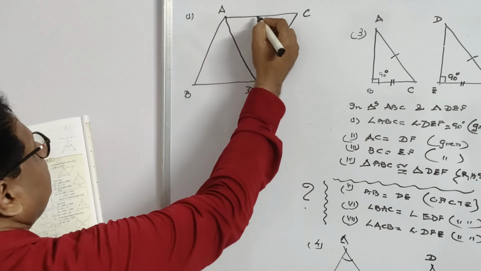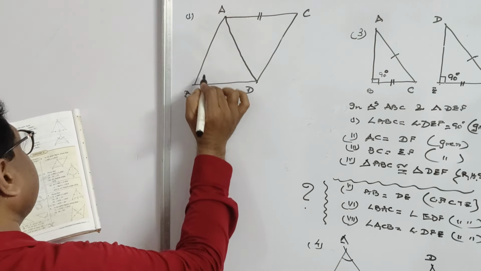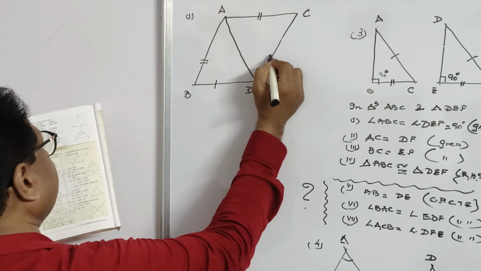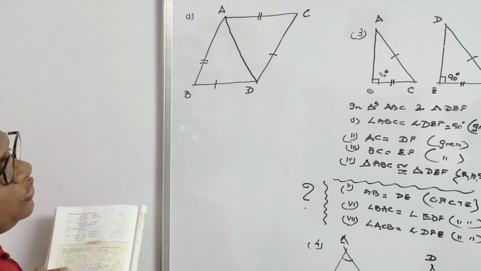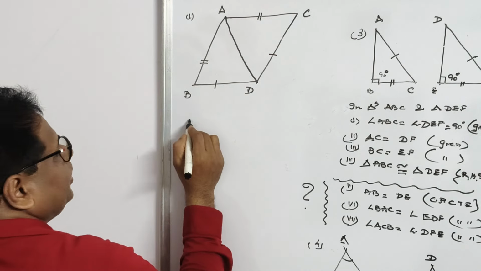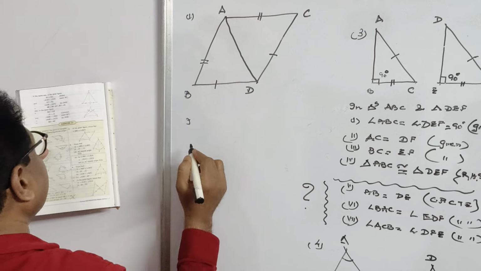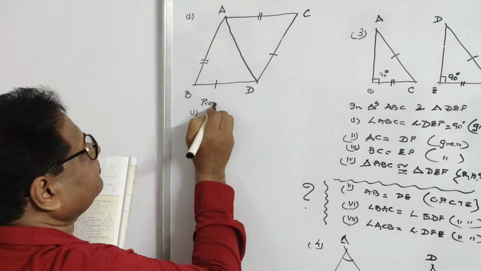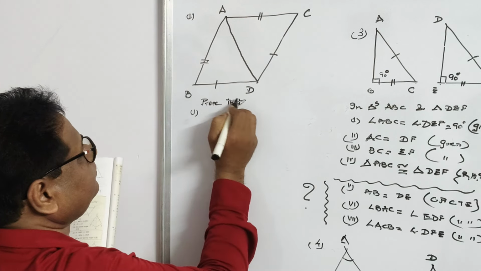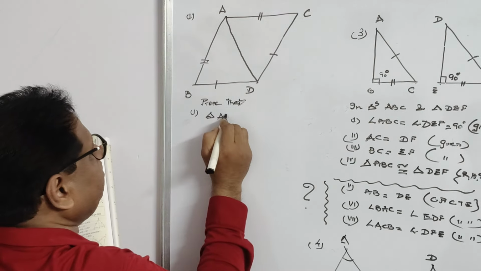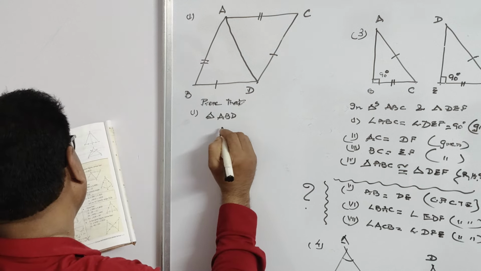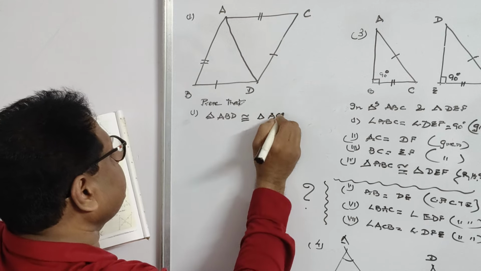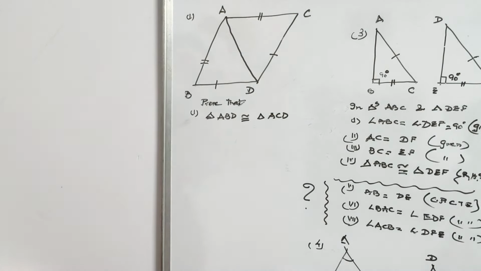Here the notation is given: side AC is equal to side AB, BD is equal to CD. First, the question says, prove that triangle ABD is congruent to triangle ACD.